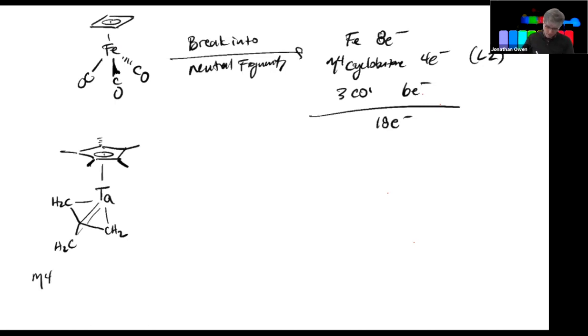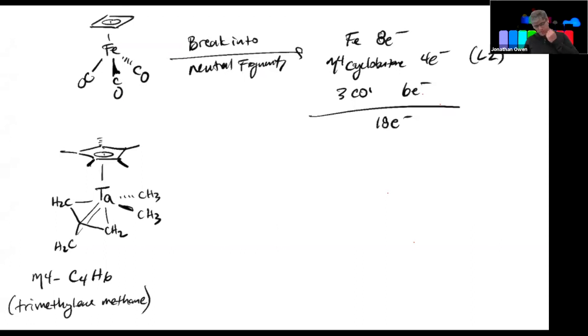This guy is η4 C4H6, trimethylenemethane. And then this molecule also has some methyl groups on the tantalum center. So let's do the electron counting.